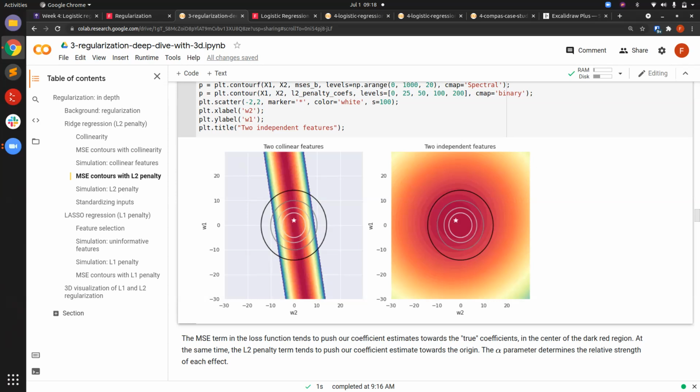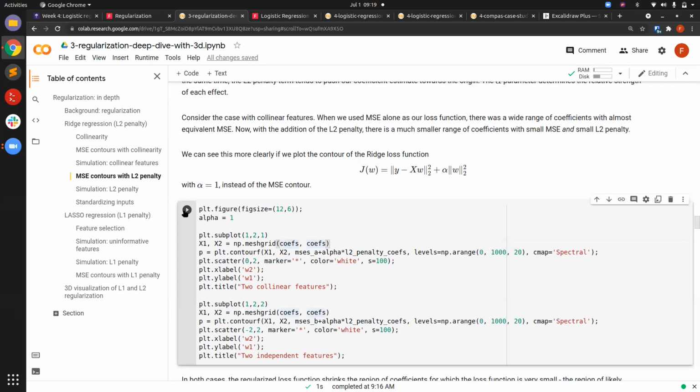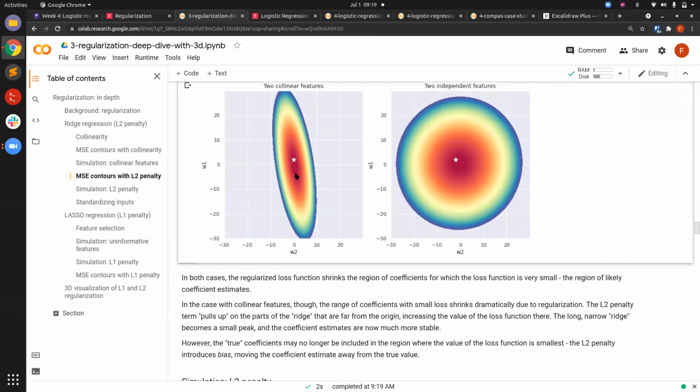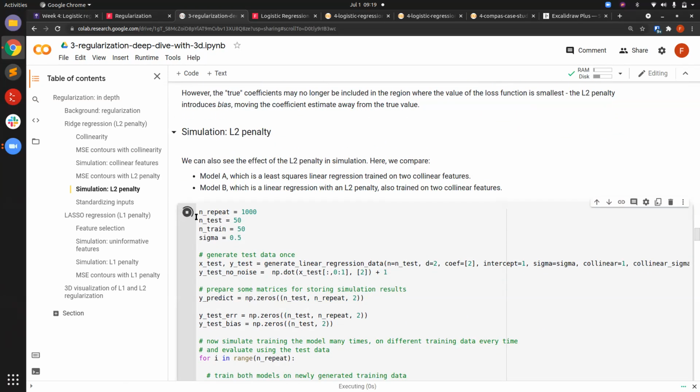Let's do a simulation again to see how that works. So here's, by the way, the sum cost function with the mean squared error term and the penalty term. So we're going to do a simulation here. I'm going to ask you in a moment to answer in a poll which one will have more bias and which one will have more variance.